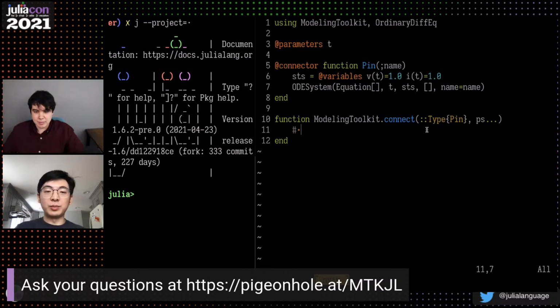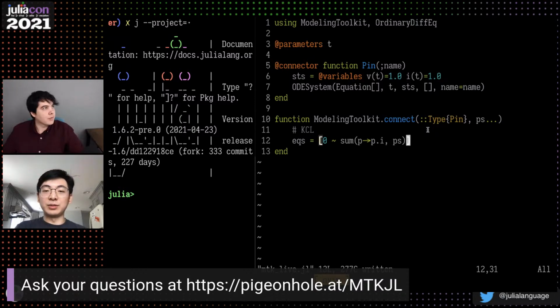So the first would be the Kirchhoff current law, which basically says the summation of all the currents should be 0 at the connecting point, right? So the first equation is that all the currents sum to 0.